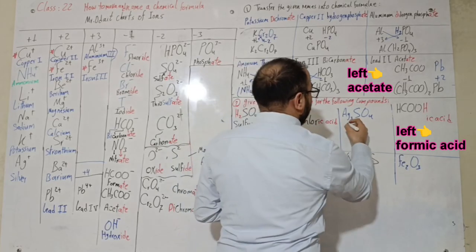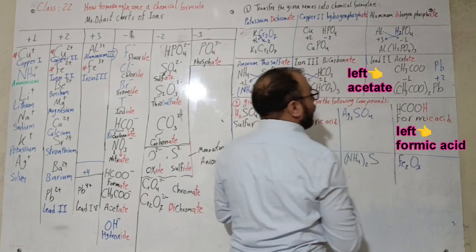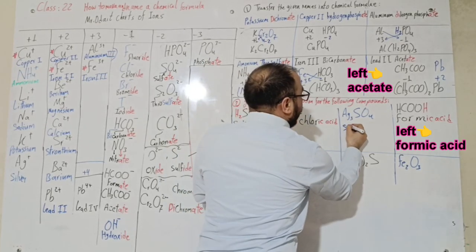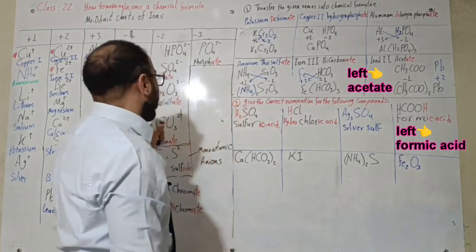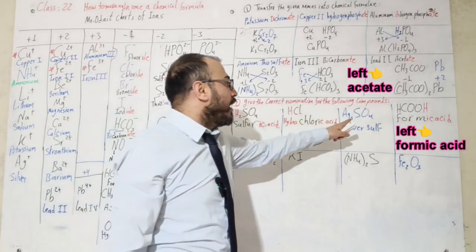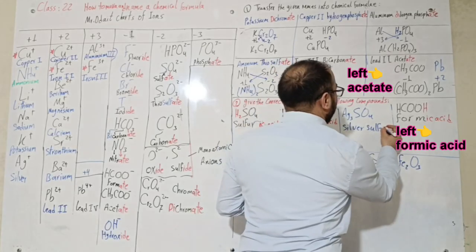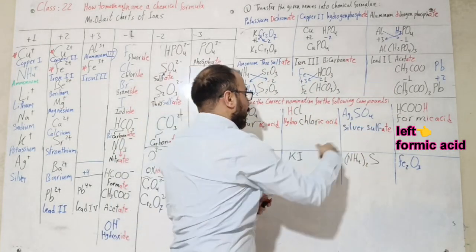We have here formic acid, and here, my friends, we have silver sulf. Again, my friends, as long as the negative ion is not attached to hydrogen, the suffix ate is added. We have silver sulfate.